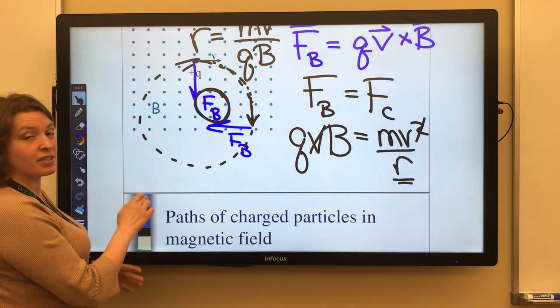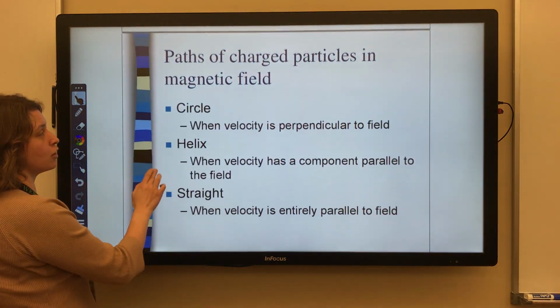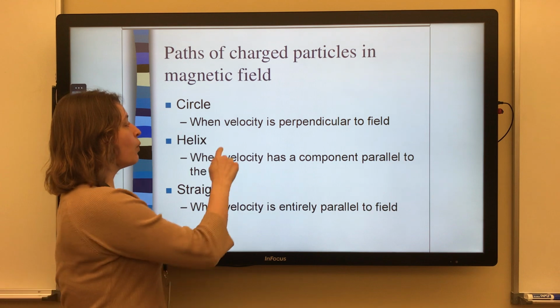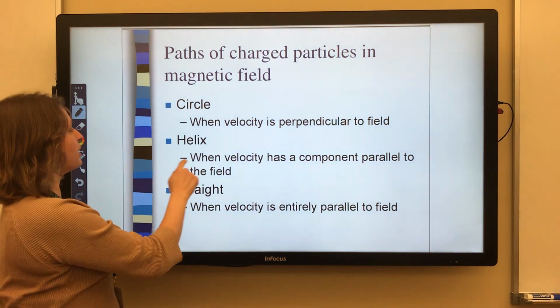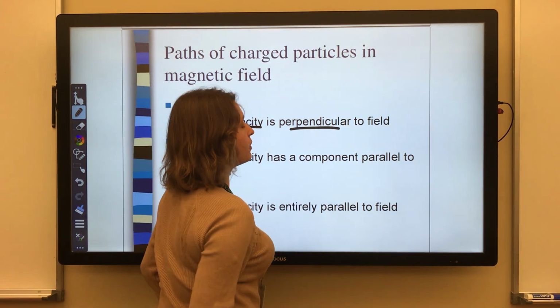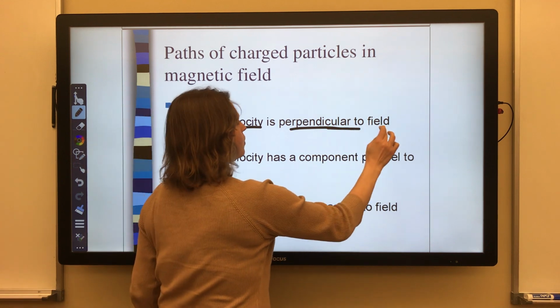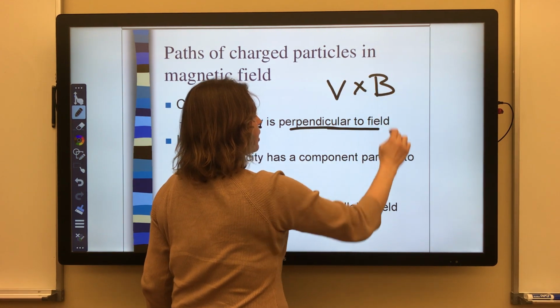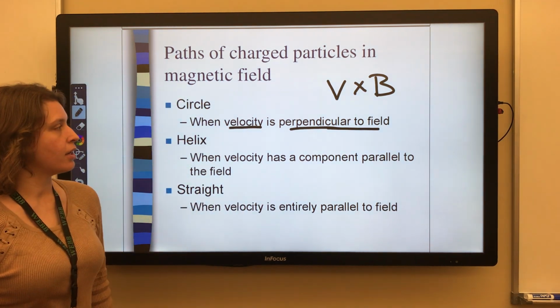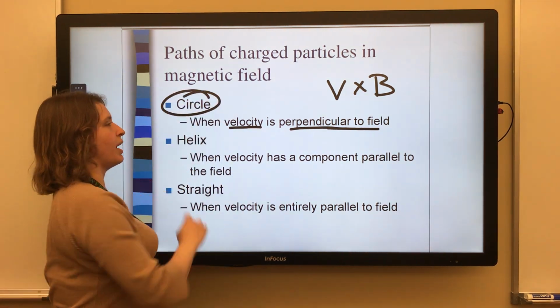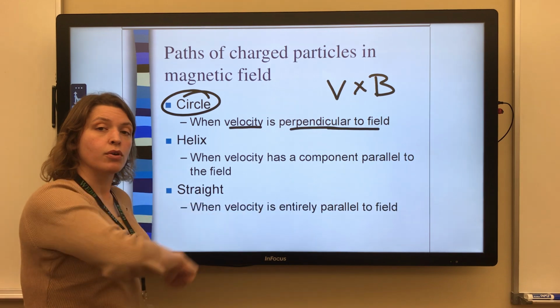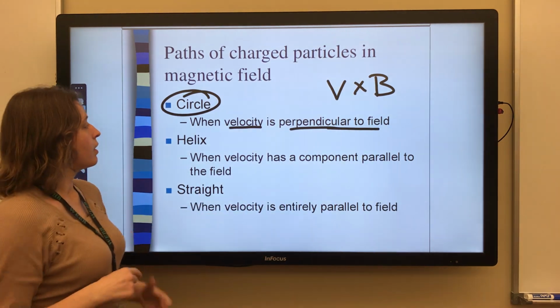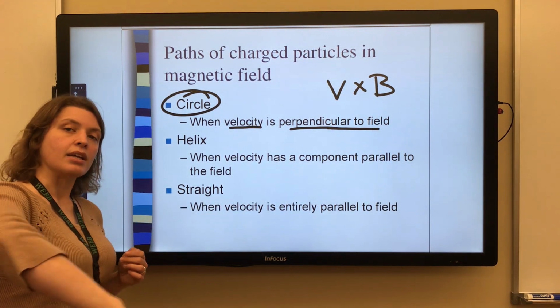Basically, there's three different types of paths that we can see for charged particles. When your velocity is perpendicular to the field, when v and B are perpendicular to one another, you're going to get a circular path. That charged particle is going to move in a single plane, continuously in a circular path.